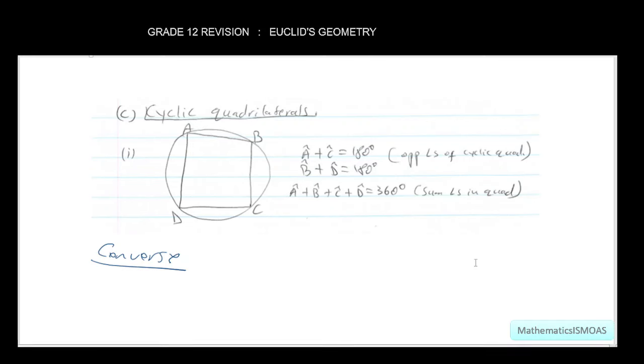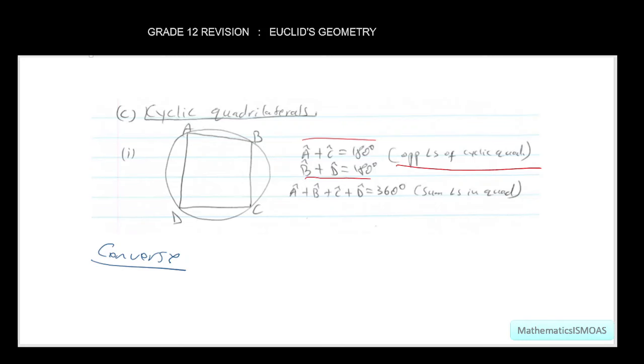What do we know about cyclic quadrilaterals? Opposite angles of cyclic quadrilaterals are supplementary, meaning opposite angles add up to 180 degrees. Angle A plus angle C is equal to 180 degrees, and angle B plus angle D is equal to 180 degrees. The reason for the two statements will be opposite angles of cyclic quad.